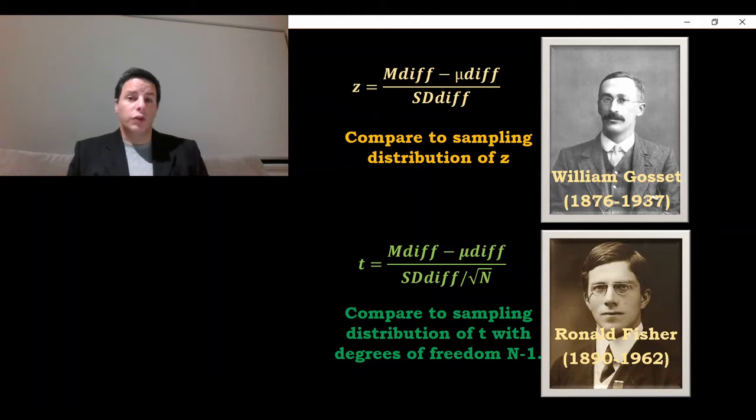He attributed it to Gosset and he developed the t-test, and he said this is Gosset's test. Actually, he used the pseudonym of student. And this is the one that we use today and is also attributed to Gosset or student.